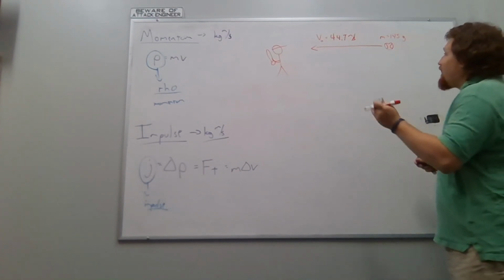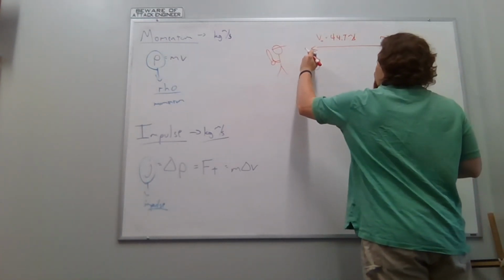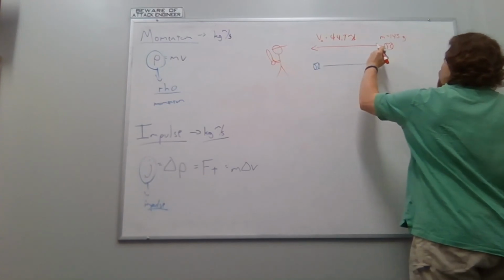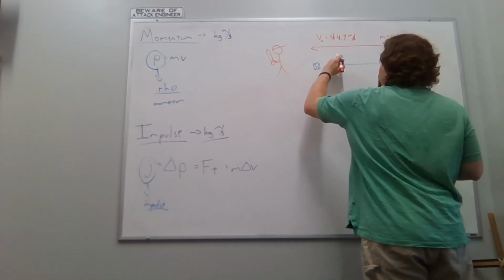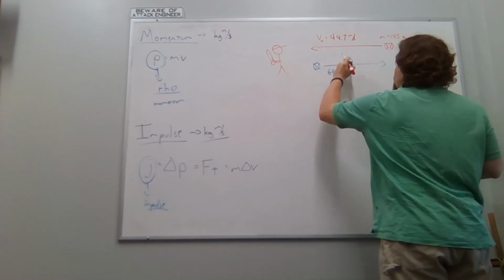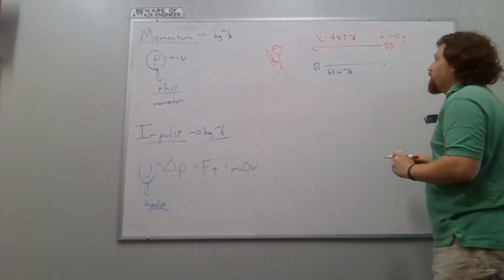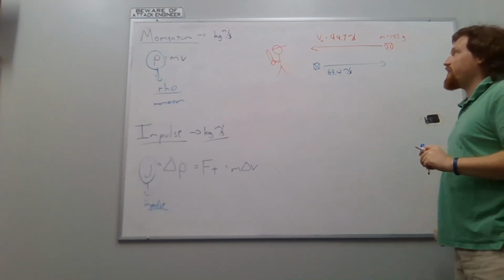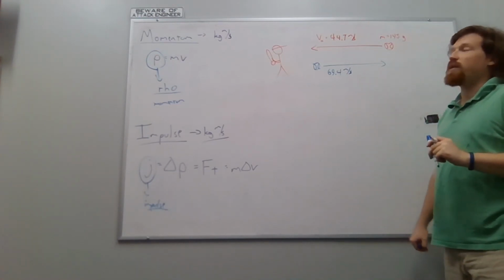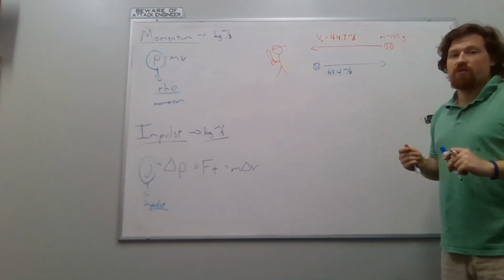After Babe hit the ball, it turned around and is now moving at 69.4 meters per second in the opposite direction. The ball has the same mass, but it now has a different velocity. It has changed direction and is moving very fast towards the outfield.